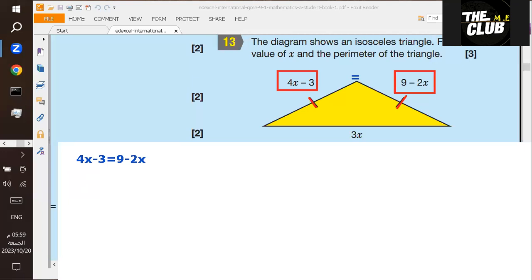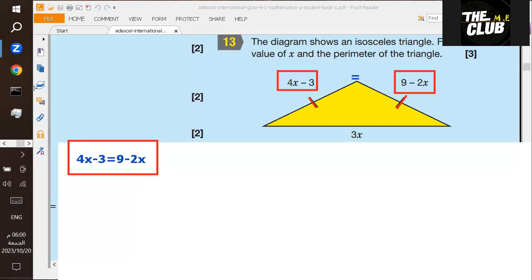Now, it means I'm going to take the like terms to one side and the other like terms to the other side. The first like terms I have are the 4x and the minus 2x. There's an idea when you have equations like this: move the smaller to the bigger. Of course, I start with the x's, or variables, and move the smaller to the bigger. Don't move the bigger to the smaller, it will confuse you, having negative numbers.